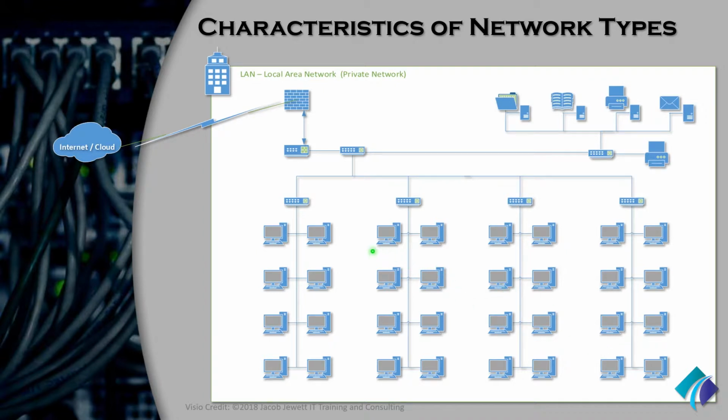And typically a host is anything on the network that can send and receive data by definition. So about the only thing that is not really technically considered a host in this diagram is the printer, because the printer is an output device and not typically an input device.